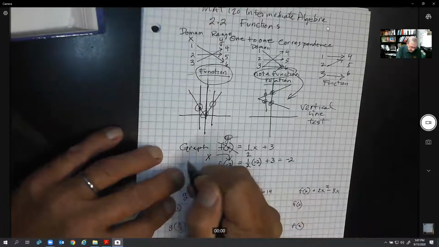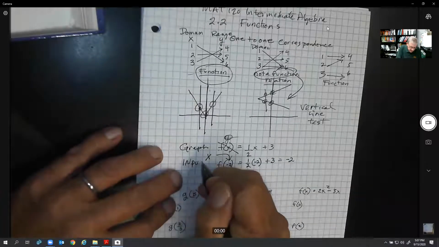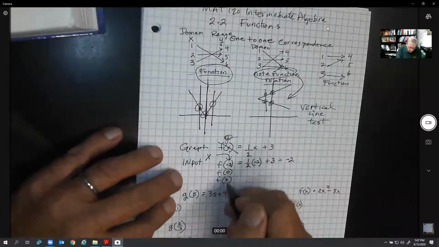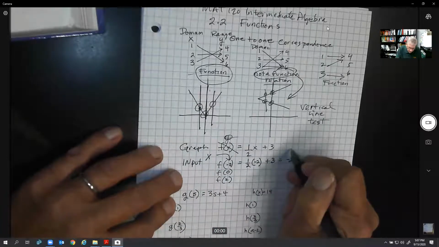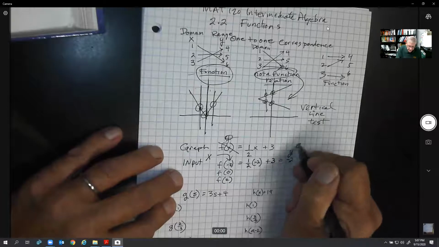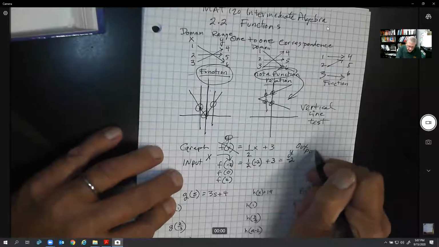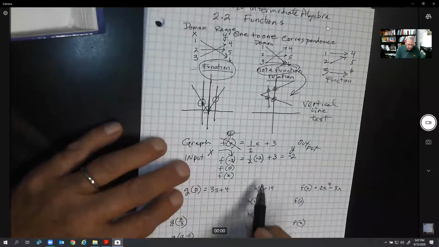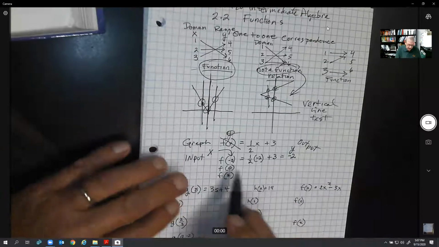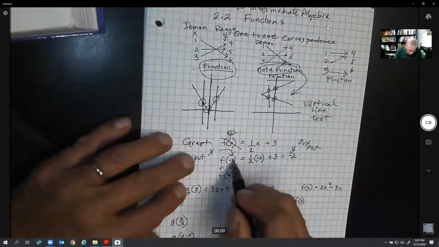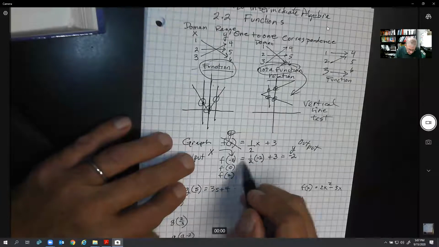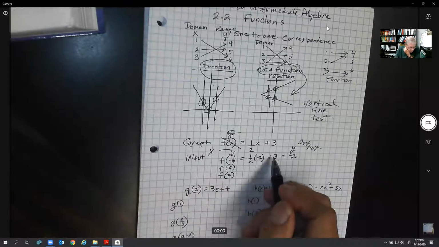This is my input, x. This tells me the numbers I put in, and this is my output, y. So it's like a little machine. It's kind of cool, huh? I put in a number, I get something out. In this case, I got the same number, huh? I put a -2 in here, double checking, -1 plus 3.